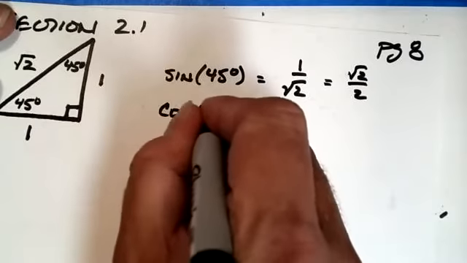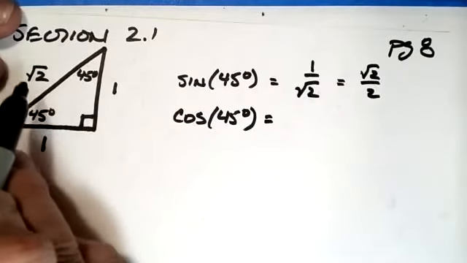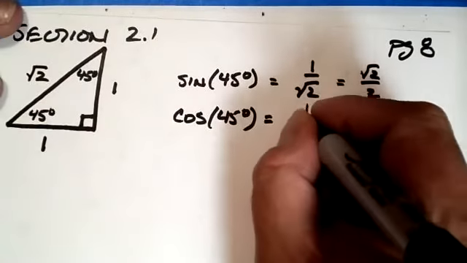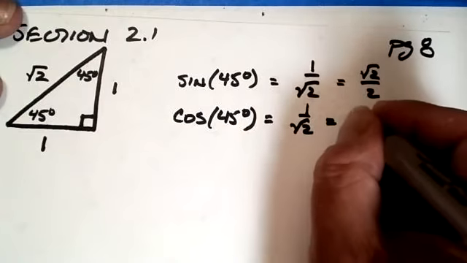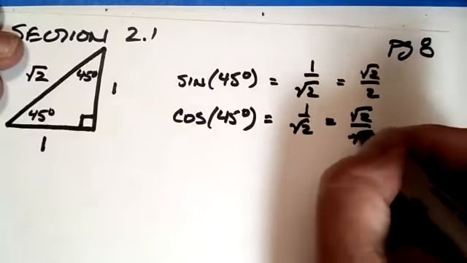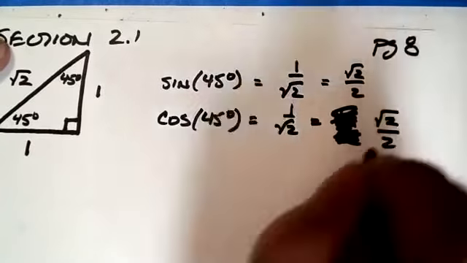Similarly, cosine of 45 degrees, well, cosine's adjacent over hypotenuse. It's the same number. So 1 over square root of 2, which simplifies to square root of 2 over 2.